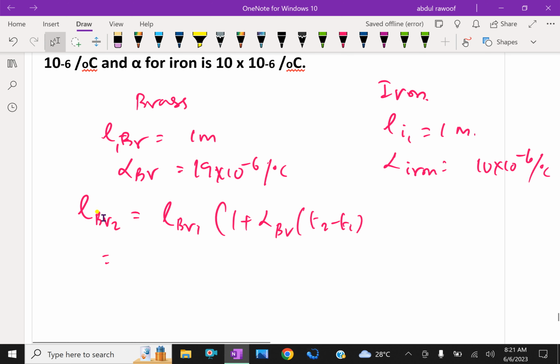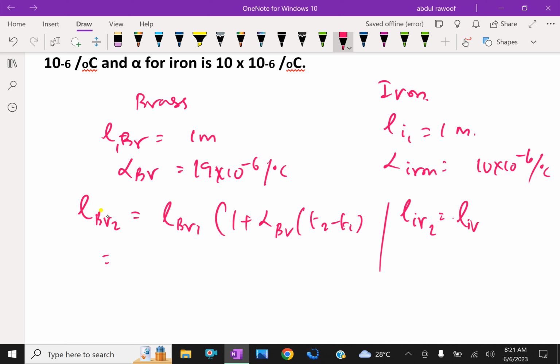And for the iron side, L iron 2, the final length of the iron rod, is L iron 1 into 1 plus alpha iron (T2 minus T1).